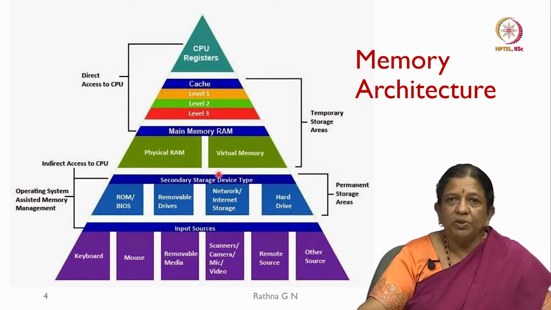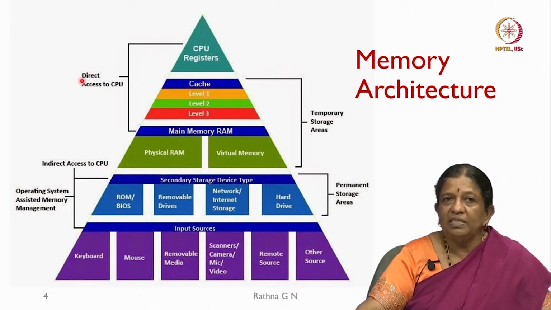How is it stored in our DSP processor, or how is it designed, we will see. The CPU will be incorporated with the registers, and then the cache for levels 1, 2 and 3.